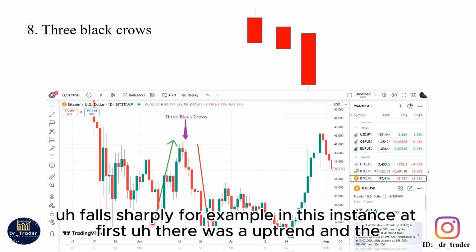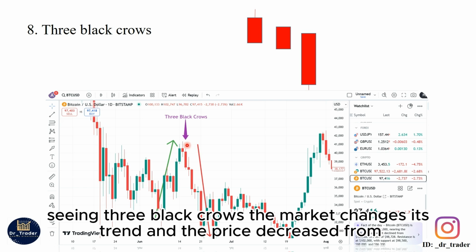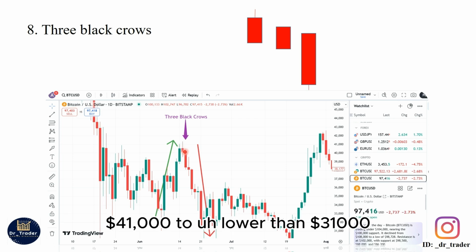For example, in this instance, at first there was an uptrend and the price increased from $31,000 to approximately $41,000. After seeing three black crows, the market changes its trend and the price decreased from $41,000 to lower than $31,000.